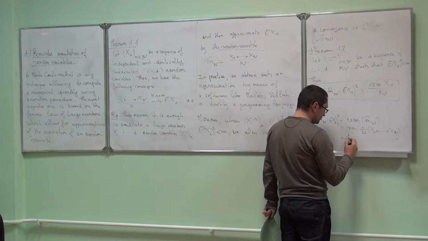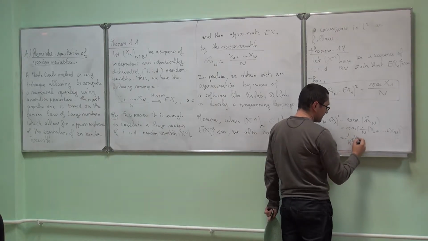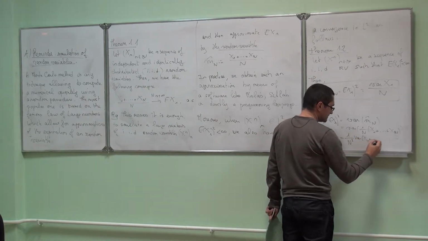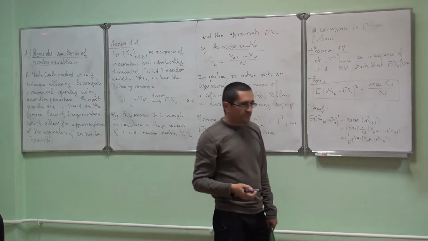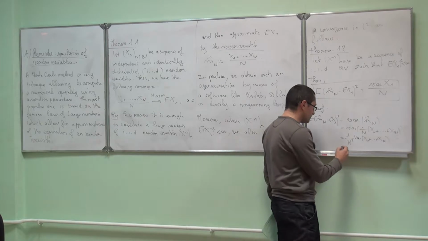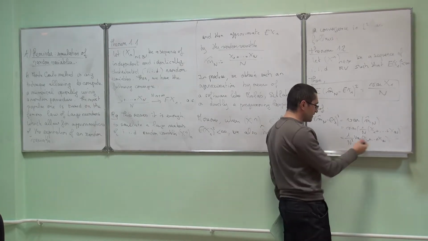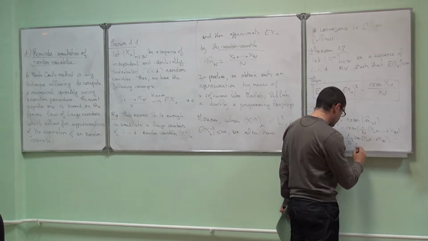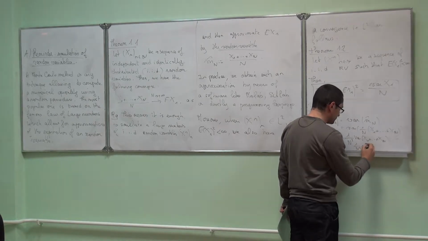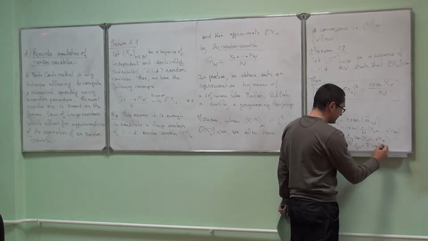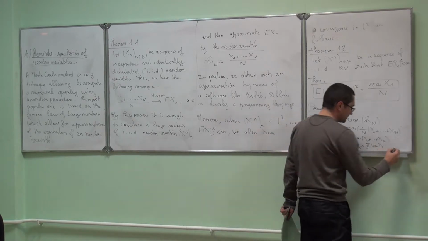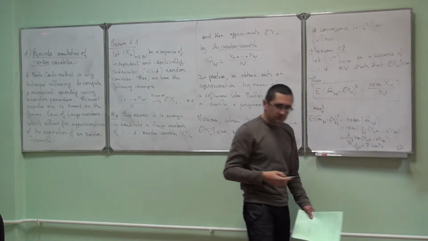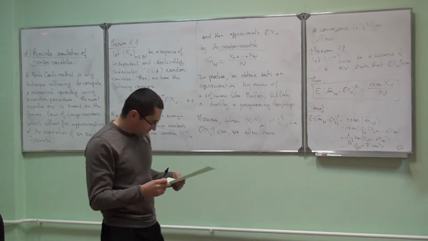Simplify this expression: 1 over N squared times the variance of the sum. Now use the fact that the random variables are independent, so that the variance of the sum is the sum of the variances, and then you can conclude because all the variances are the same. So this is clear.